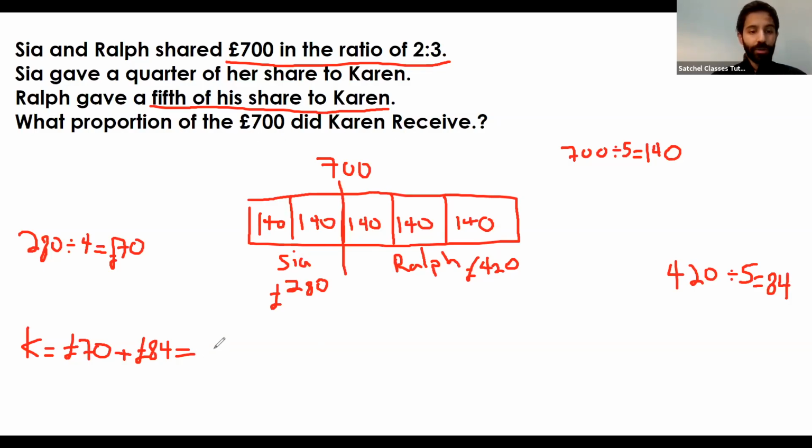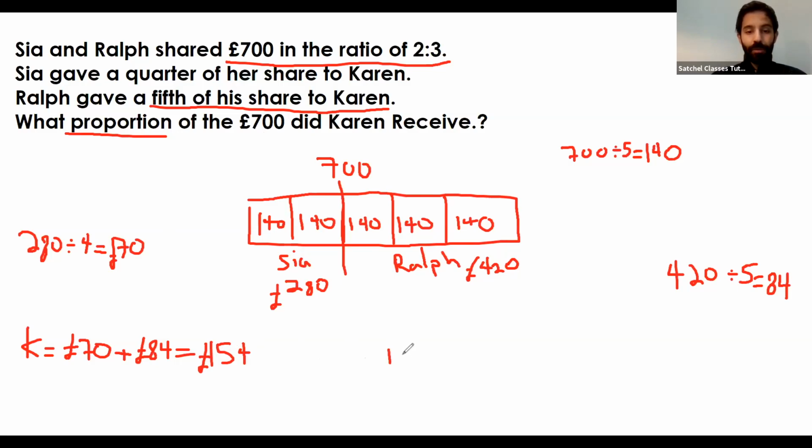So in total, she's received £154. And the word proportion here just means fraction. So out of the 700, she received £154.